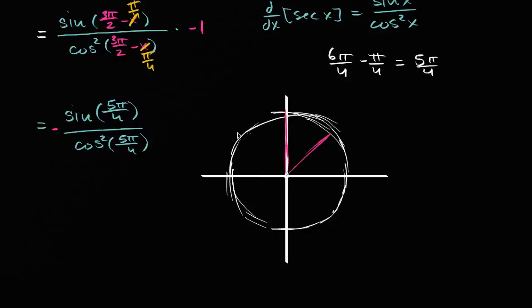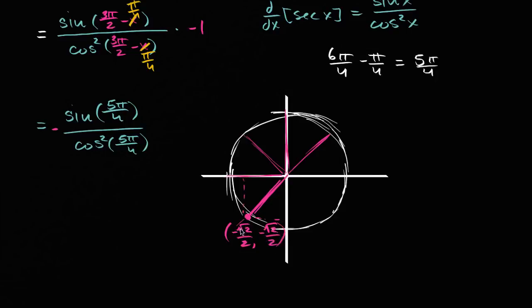This is pi over 2. This is 3 pi over 4. This is 4 pi over 4. This is 5 pi over 4. Lands you right over there. So if you wanted to see where you intersect the unit circle, this is at the point where your x-coordinate is negative square root of 2 over 2, and your y-coordinate is negative square root of 2 over 2.